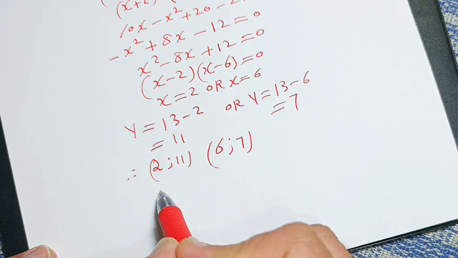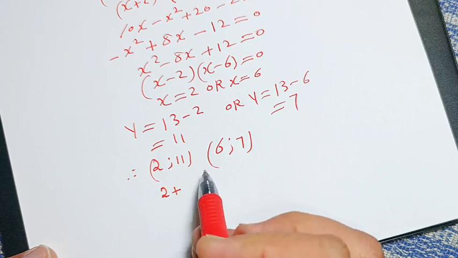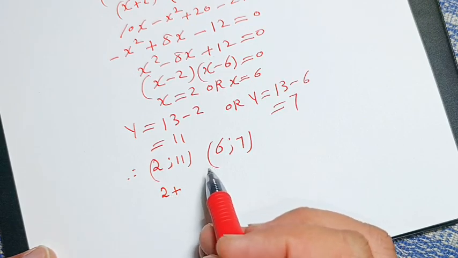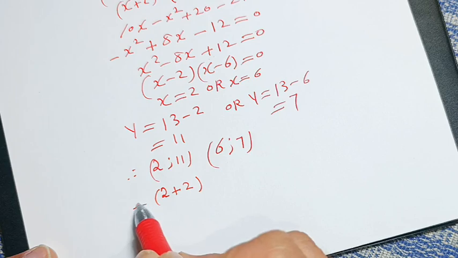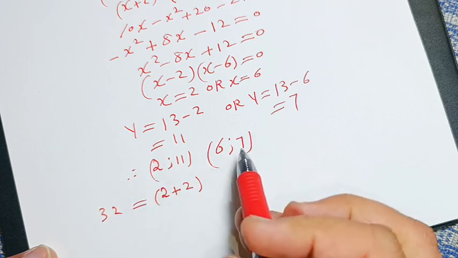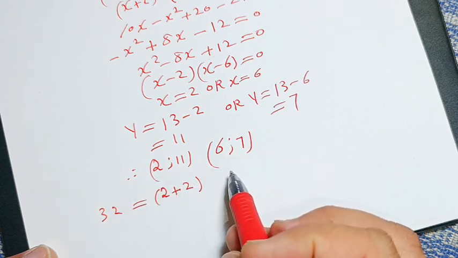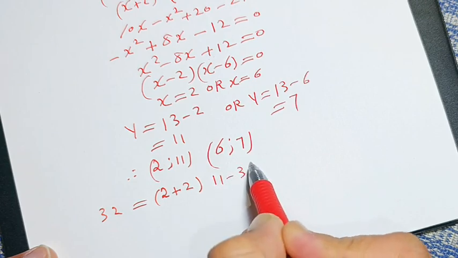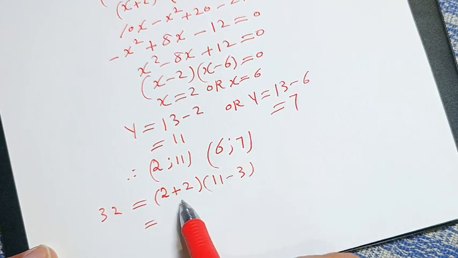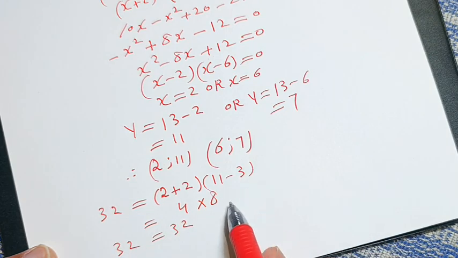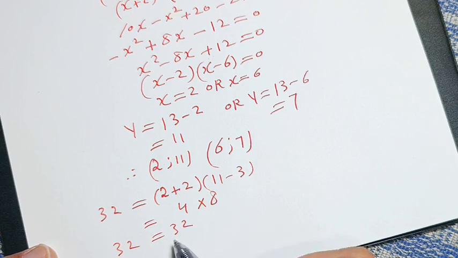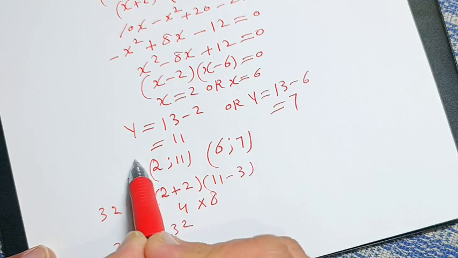So it's going to be 2 plus 2, and the y is 11 minus 3. So this becomes 4 multiplied by 8, which is 32, equal to 32. So the first one is valid.